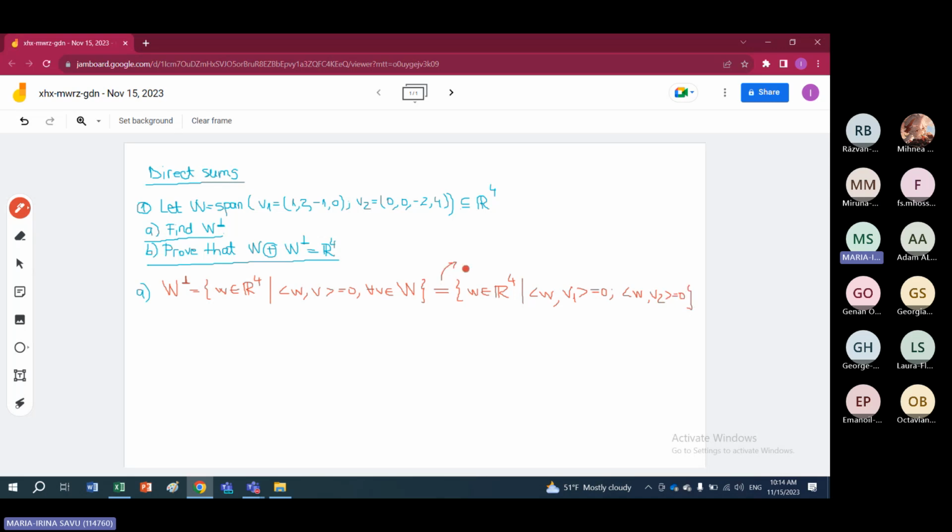And this is because W is the vector space generated by V1 and V2. Let's take a look at the first condition.